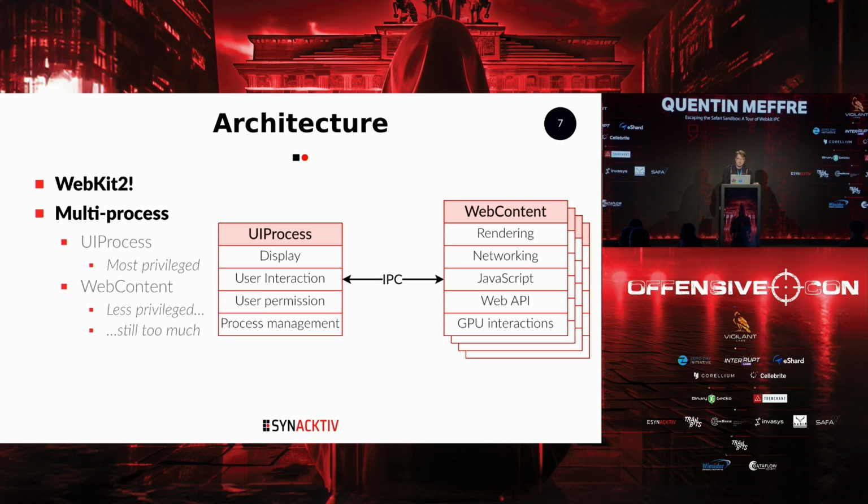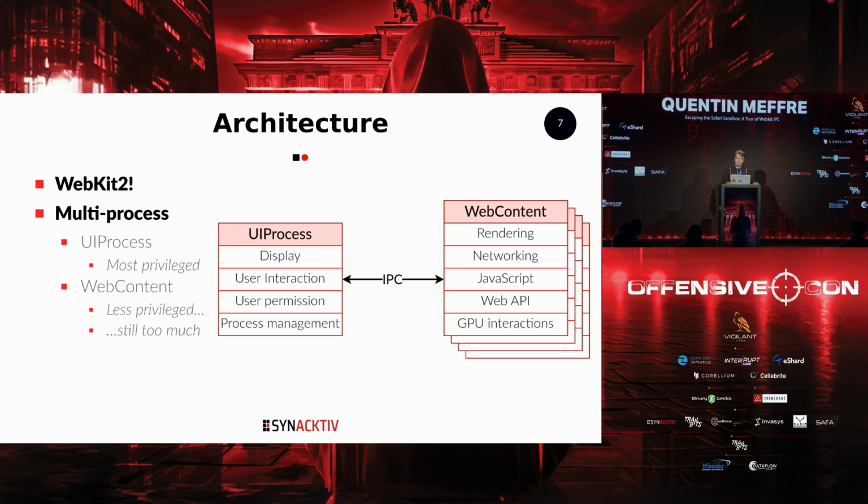So the developers introduced WebKit 2, which is a multi-process version of WebKit. So now, instead of having only one process, we have one process named the UI process, which is the most privileged process of WebKit, and it communicates directly with a process named web content, and web content is the sensitive process of WebKit.